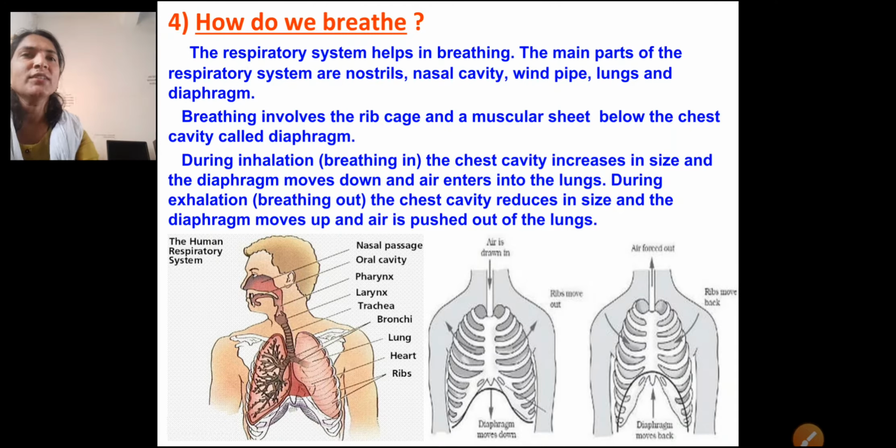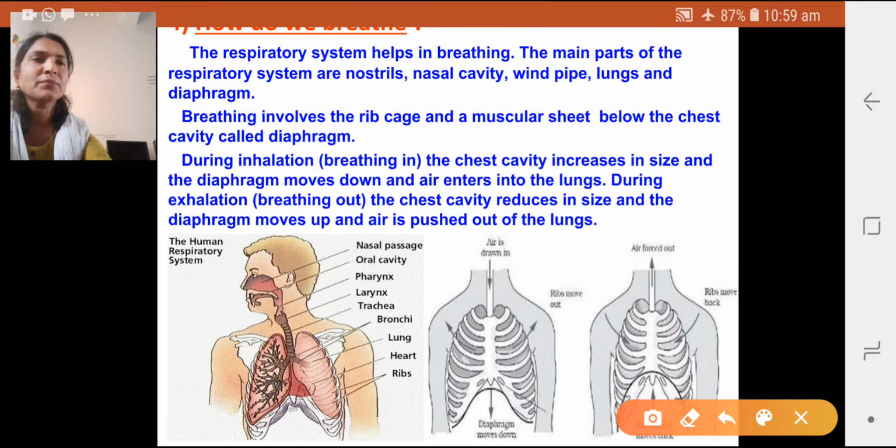So breathing involves the rib cage and a muscular sheet below the chest cavity called the diaphragm. Now everyone see here, I will underline this part, this is the diaphragm. This is a muscular sheet and this is the rib cage.